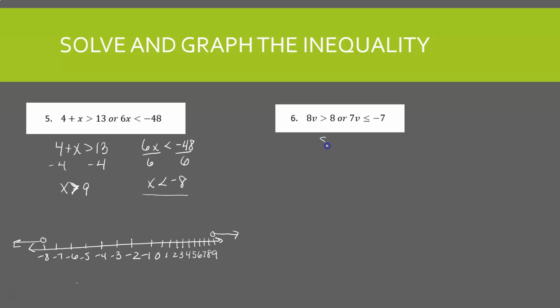Okay, number 6 is 8b is greater than 8, or 7b is less than or equal to negative 7. I'm going to divide by 8. B is greater than 1, or I'm going to divide by 7. B is less than or equal to negative 1.